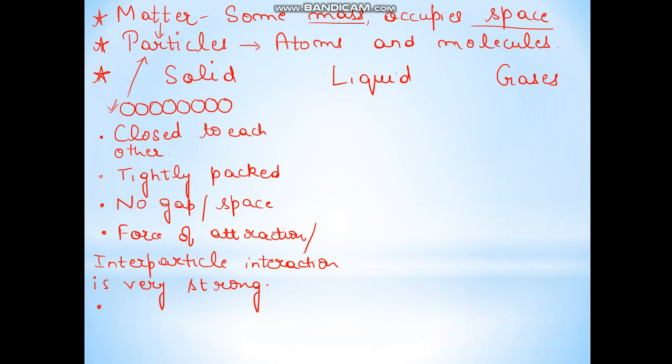They are very tightly packed to each other, therefore there is no gap. Due to all these properties, solids are rigid in nature. You can't bend a solid. Like the steel spoon, you can't bend it. It is very rigid due to these reasons.